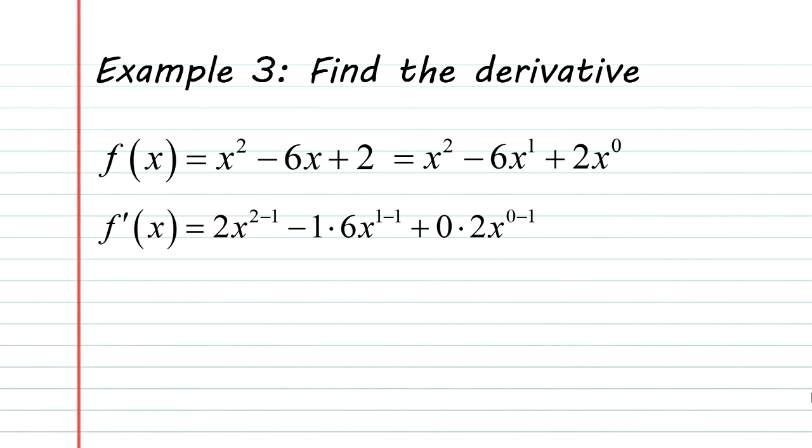And then for the final term, 2x to the power 0, we will multiply 0 by 2, and then again subtract 1 off of the power. We're going to clean up this answer. We will get that this is equal to 2x to the power 1 minus 6x to the power 0 plus 0 times x to the power negative 1. And I will include one more step of simplification. This gives us a final answer of 2x minus 6.